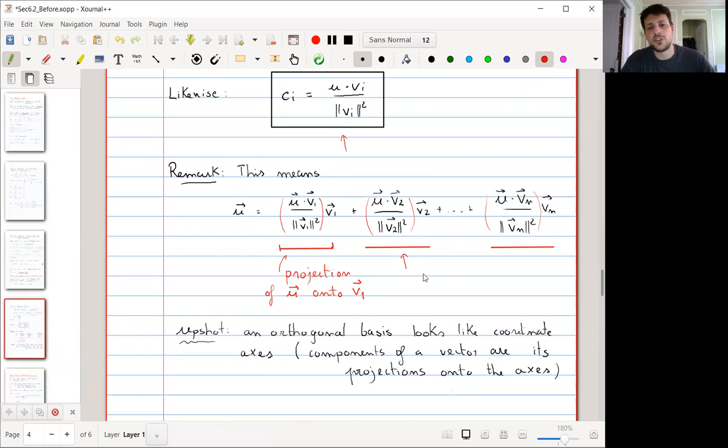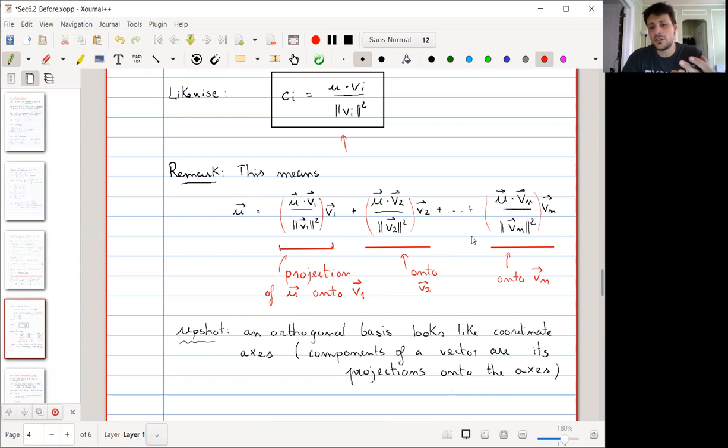This other one is the projection onto v2, and so on until we project onto vn. So this is a particular feature of orthogonal bases, that every vector decomposes as the sum of its orthogonal projections onto the vectors of the basis.